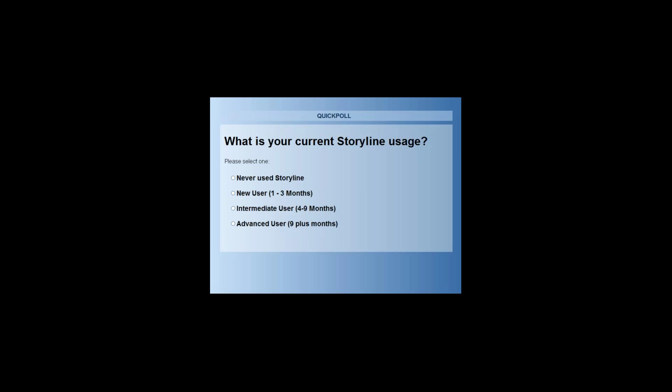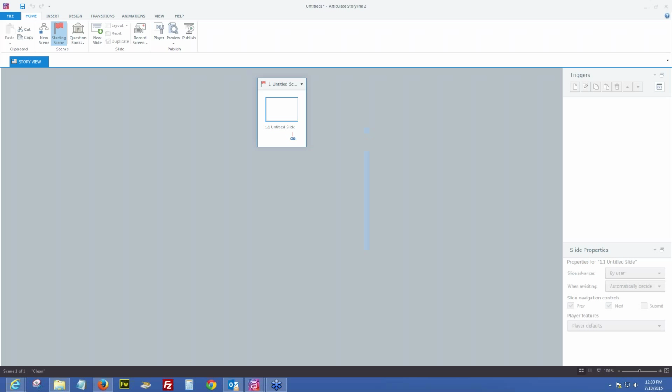Finally, we'll look at adaptive text using variables. For new users, this gives you an idea of what Storyline is capable of. For advanced users, hopefully it shows you something you've not seen before and gives you some ideas. And for intermediate users, same. Okay, I'll close that poll down.